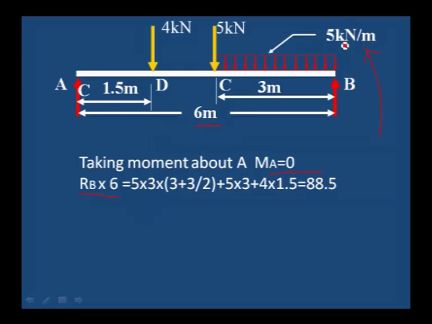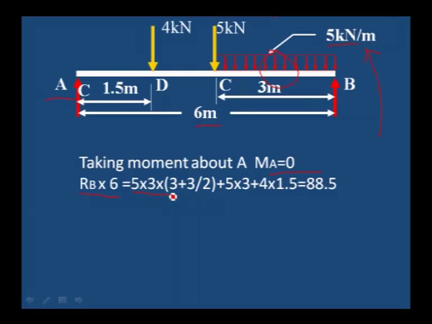Clockwise moment: one load is 5 kilonewton per meter, which acts at the center of C to B, into the distance from the center point to A. 5 into 3 is the 15 kilonewton load, and the distance is A to C, 3 meter, because of the 6 meter span, 3 meter is where the UDL is acting, and the balance is 3 meter.